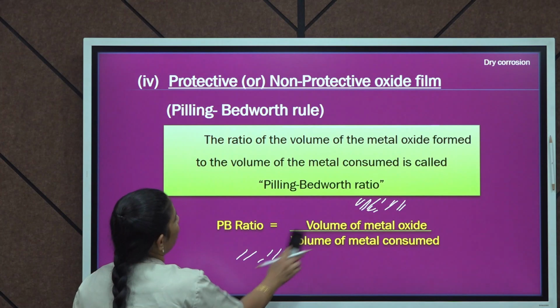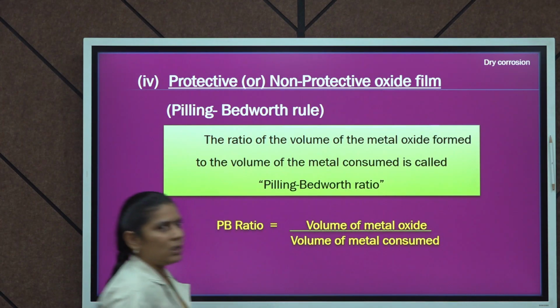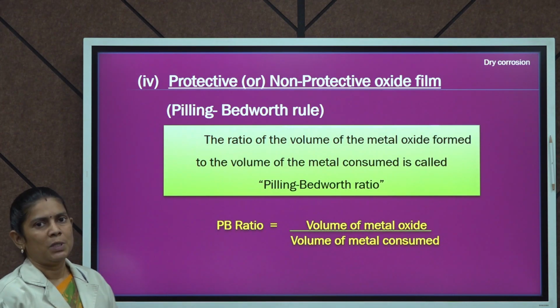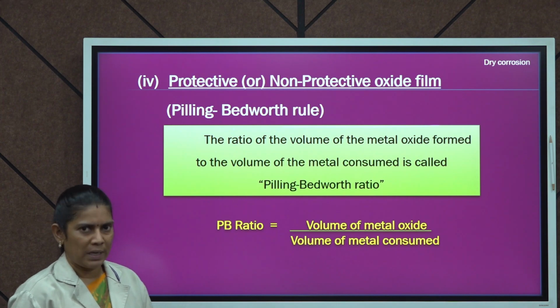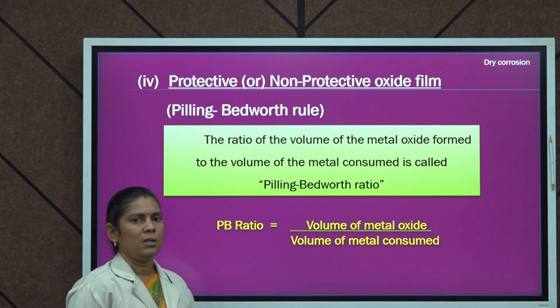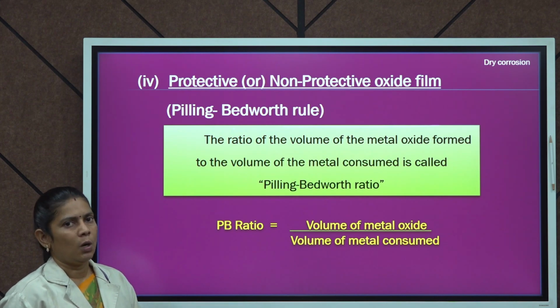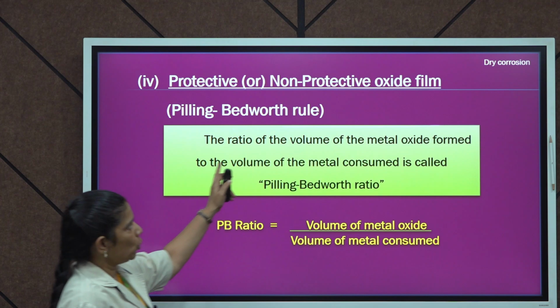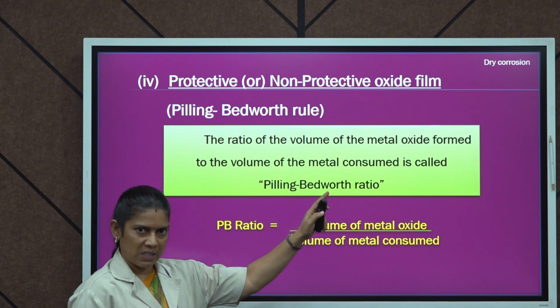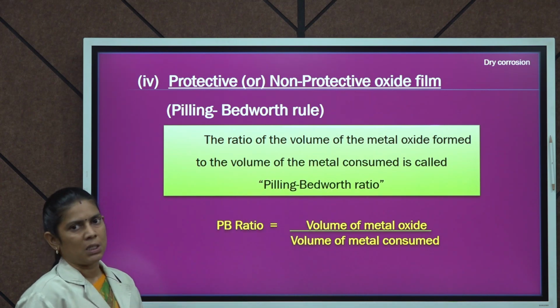And the fourth one depends on the ratio between the volume of metal oxide to that of the volume of metal consumed. This ratio we call the Pilling-Bedworth rule or ratio: the ratio of the volume of the metal oxide formed to that of the metal consumed.